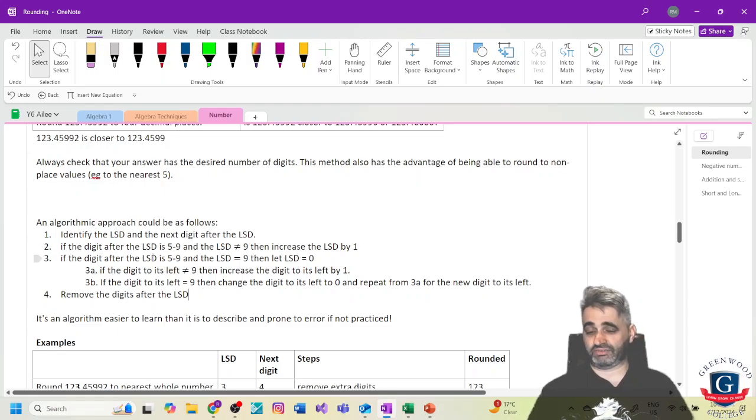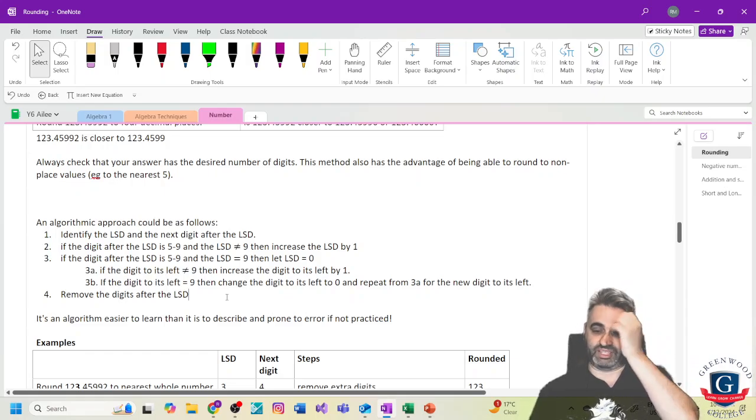If the digit after the least significant digit is 5 to 9 and the least significant digit is a 9, then let the least significant digit be a 0. Then, if the digit to that isn't equal to 9, increase the previous digit. If it is equal to a 9, let that digit be 0 and then repeat. And then remove the digits after the least significant digit.